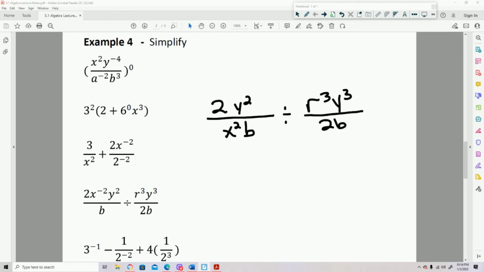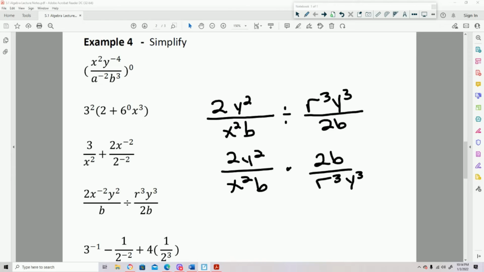But when you divide fractions, you keep it, you change it, and you flip it. So 2b over here, x cubed, y cubed on the bottom. Then you simply multiply. And we can do a little cross-reducing here.